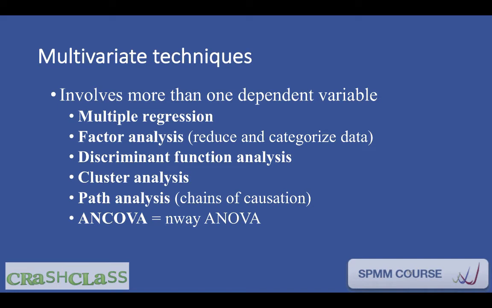Poor socioeconomic status can cause depression, and that can cause suicidality. Depression can also cause poverty because you can't work very well. Poverty itself can directly cause suicidality without having any depression. So there are multiple chains of causation. If you want to analyze those multivariate chains of causation, you use path analysis. So remember the phrase chains of causation for path analysis, reducing or categorizing data for factor analysis.